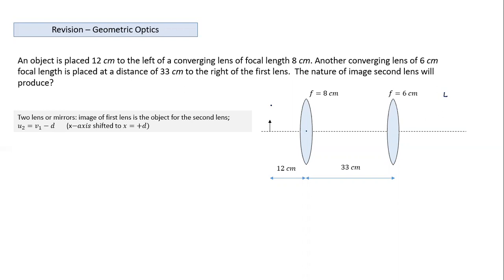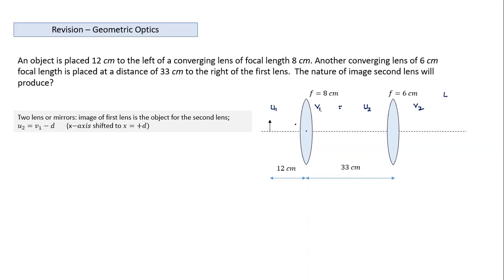If I call the object distance U1 and the image formed V1, and the second object distance is U2 and the final image is V2, then U2 is not equal to V1. U2 is equal to V1 only when the optical centers are very close to each other.